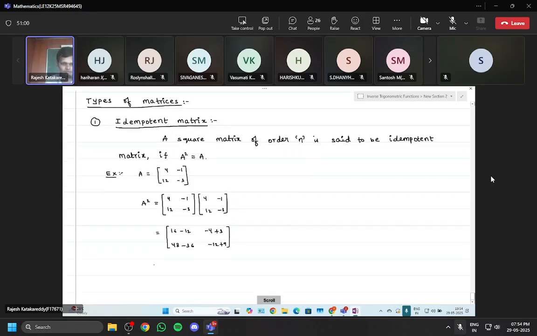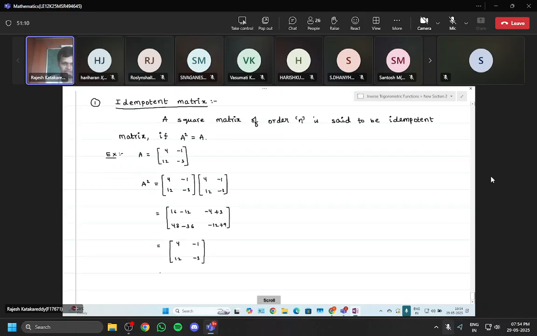We have 4 minus 1 and then 12 minus 3. This implies, what do I get? I get A square is equal to A. Therefore, the matrix A is an idempotent matrix. Clear? Understood? Right?